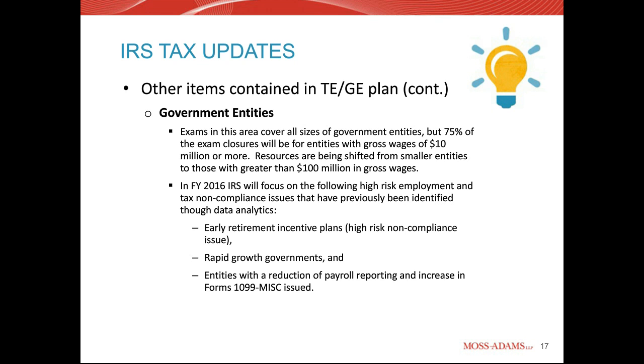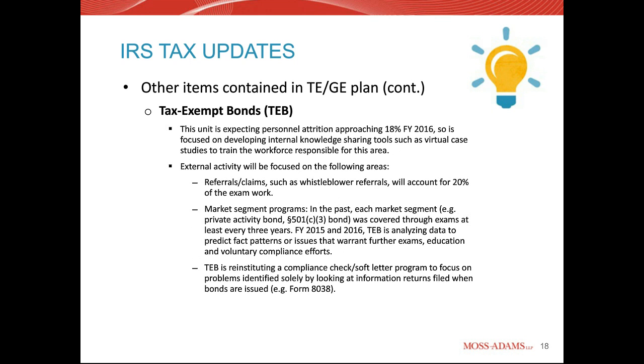They're also going to be looking at tax-exempt bonds, and about 20% of what they look at is really from claims, referrals, whistleblowers, things like that. That triggers it. They've done a lot of work in different subsets within the tax-exempt bond area, and now what they're thinking of doing too is they call it a soft letter program.